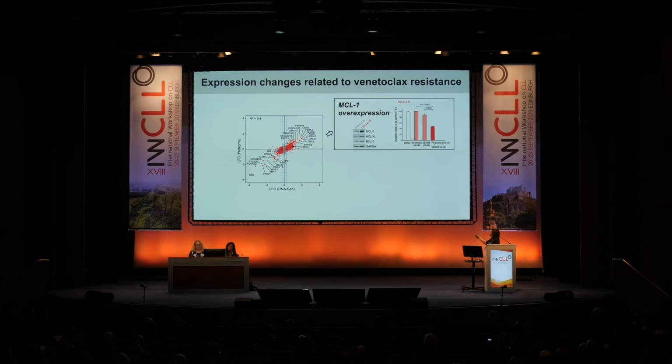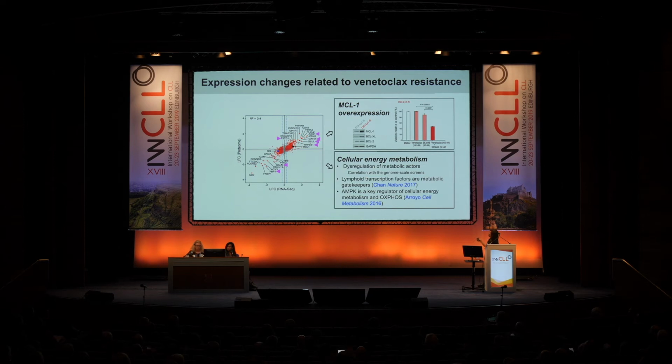But intersecting these results together with our screen results, we could see that the one consistent signal was, not unexpectedly, MCL1 overexpression. We certainly see by Western blot high expression of MCL1 in the resistant cell line, and we also see evidence of synergy between venetoclax and an MCL1 inhibitor in the treatment of this cell line.